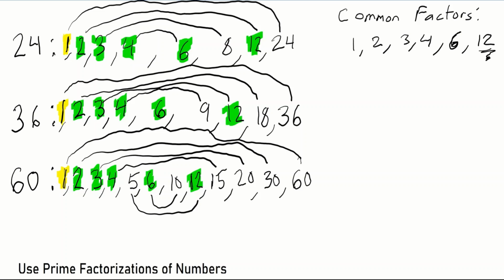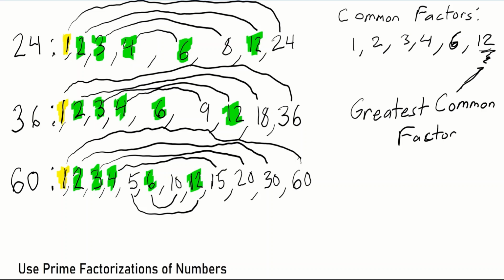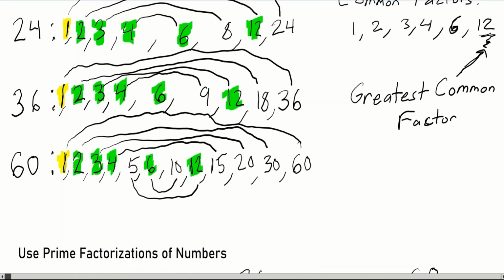With 12 being the greatest common factor for this set of numbers, because it is the largest common factor we have.